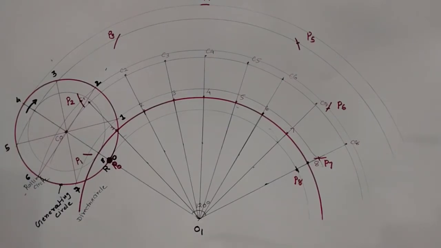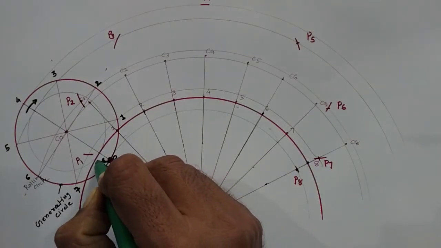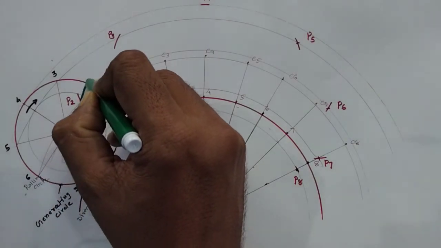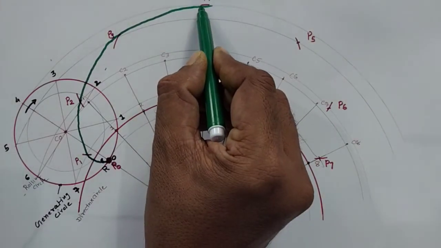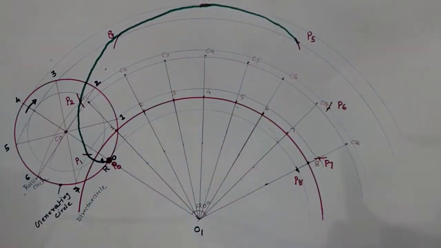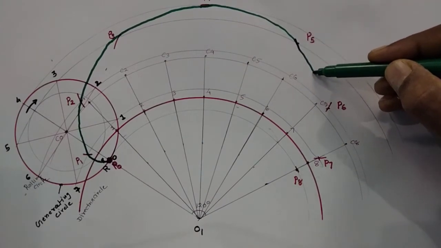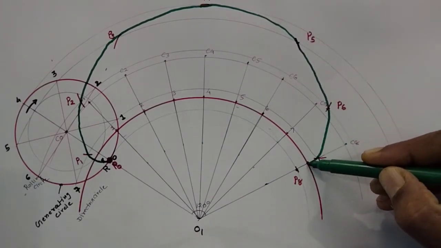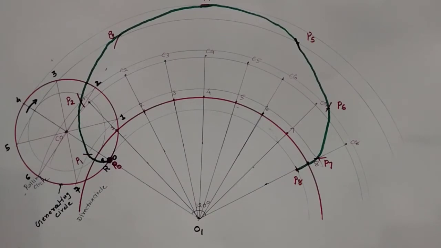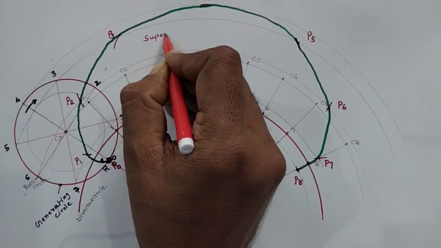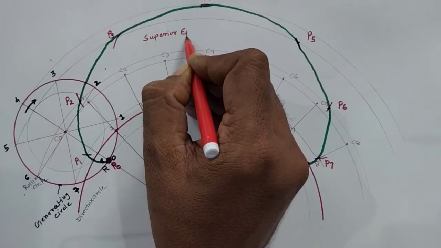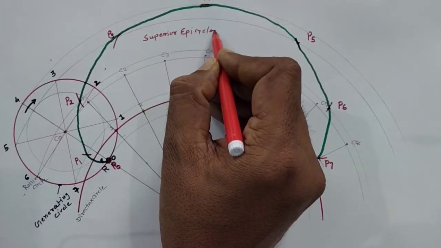Now join all the points as usual with a smooth curve: P0, P1, P2, P3, P4, then P5, P6, P7, P8. It is your superior epicycloid.